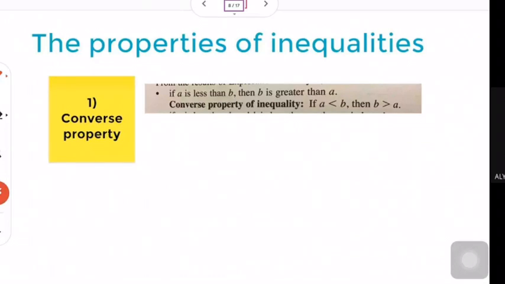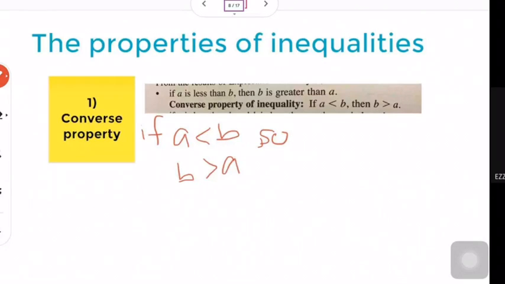Cuba you conversekan dia. Muhammad Ilhami is the father of Alia Adelina. Macam itulah. Dia terbalikkan. So in mathematics, if A is less than B, kalau you nak terbalikkan, you nak letak B dulu. B must be greater than A lah.